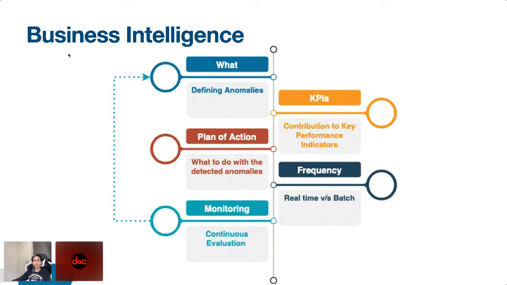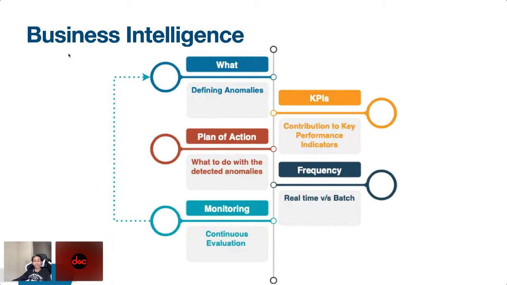We also need to understand the KPIs, the key performance indicators, because that will help us focus on the larger goal and scope the project. For example, in the credit card fraud, you can identify how much fraud you have prevented. That can be in terms of the dollar value or in terms of number of transactions.